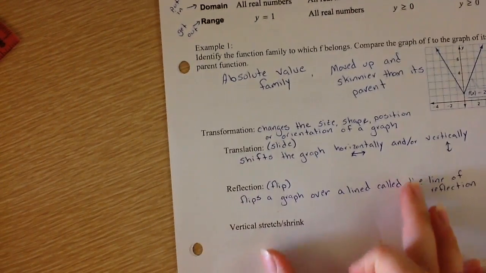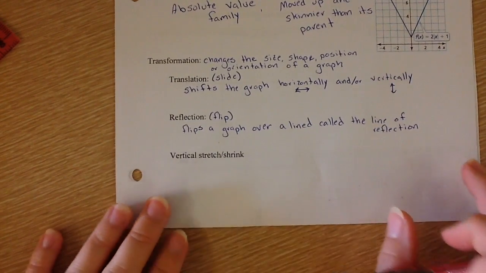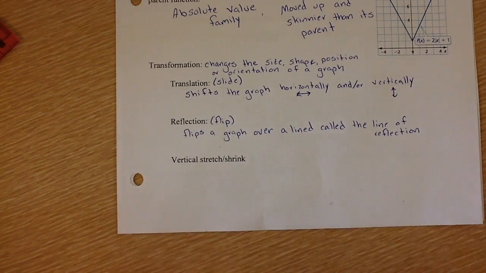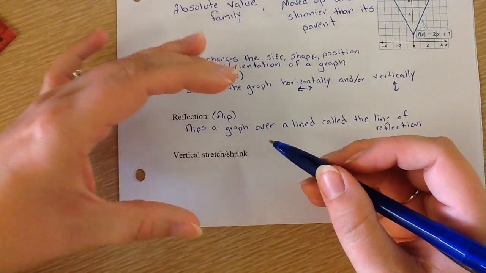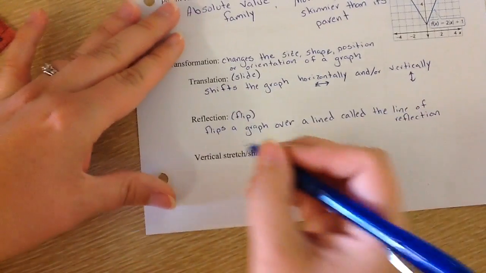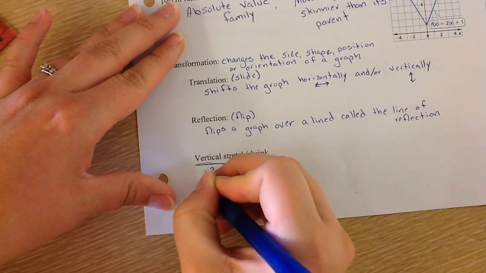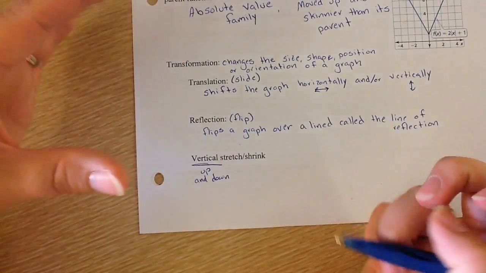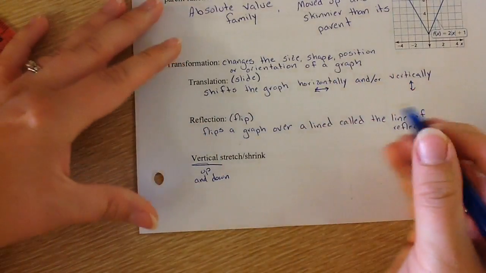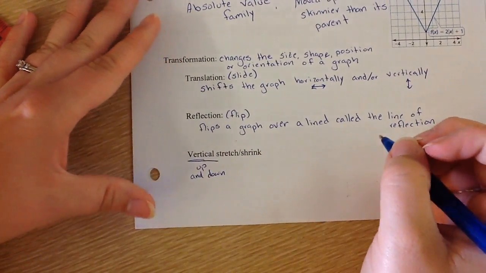Our very last transformation, which is one of the harder ones to get, is a vertical stretch or a vertical shrink. This is where it squishes it up and down. Up and down is vertical, right? So this is what I call a squish or a stretch or a shrink, up and down.